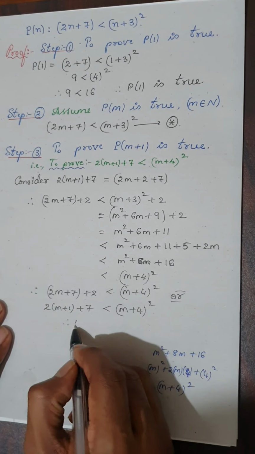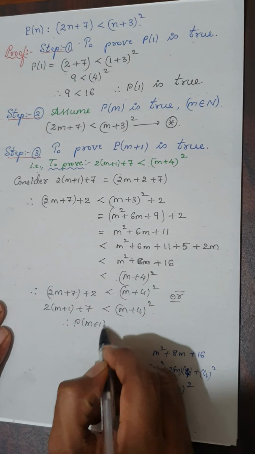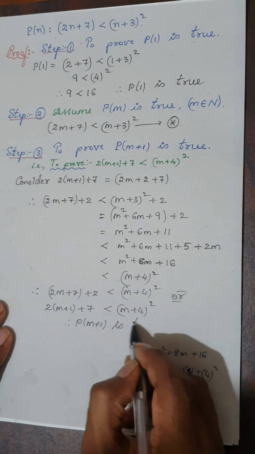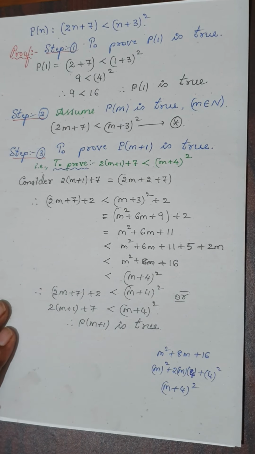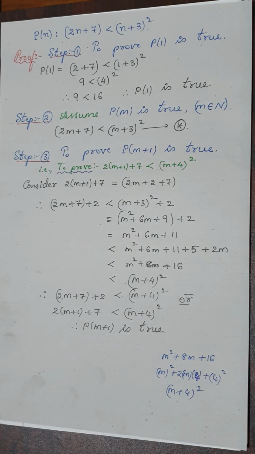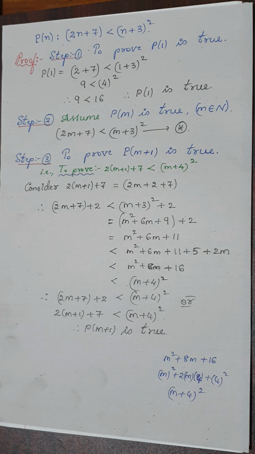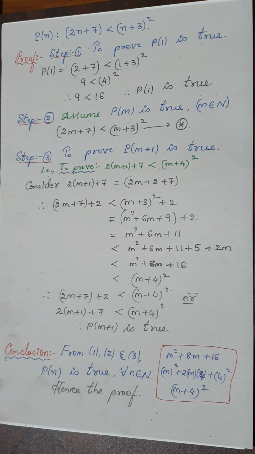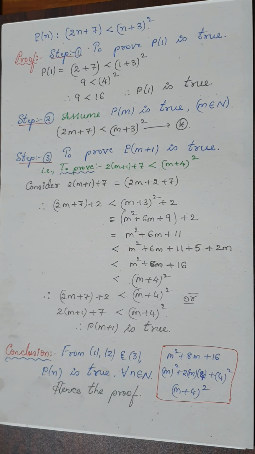From this I can say, therefore p of m plus 1 is true. Once the third step is cleared, we are left with writing the conclusion saying that p of n is true for all n belonging to N. So that is the conclusion for this question. Once that is clear, we are done with the complete solution.